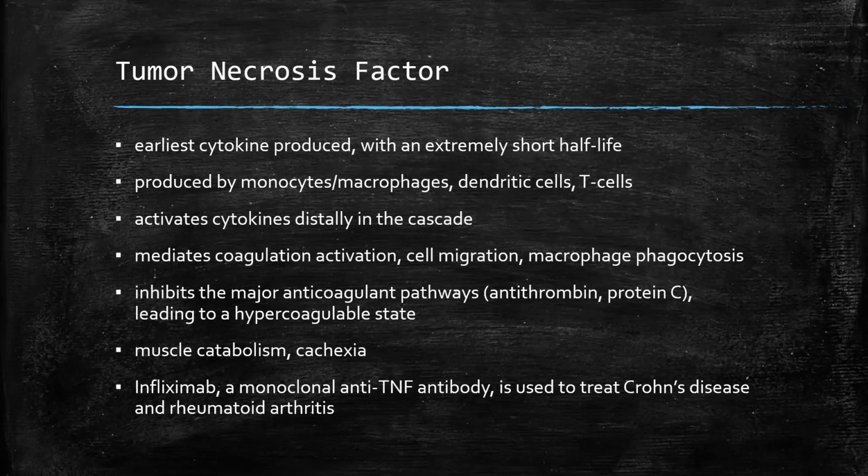It gets stimulated, it's produced, it then activates the next cell down the line, and then seems to get off the stage. It's produced by antigen-presenting cells like dendritic cells and monocytes and macrophages and some T cells. And its main goal is to get the cascade started.